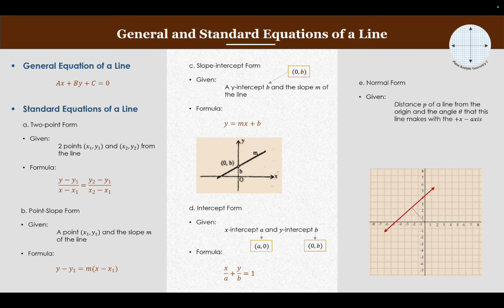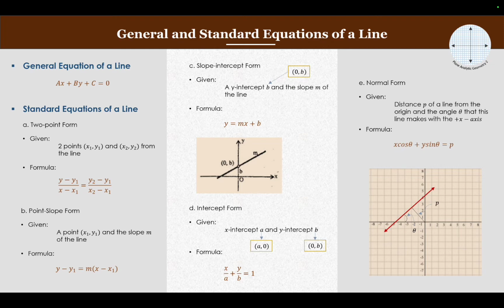So the distance of this perpendicular line here is denoted as p, while the angle that this line makes with the positive x-axis is denoted as theta. So the formula to get the standard equation of a line using the normal form is x cosine theta plus y sine theta is equal to p.